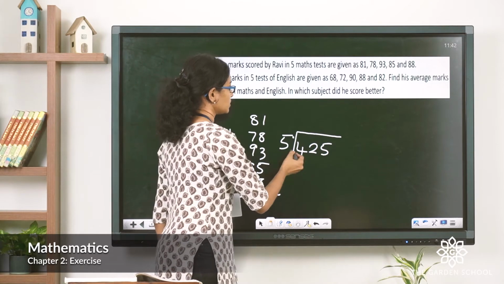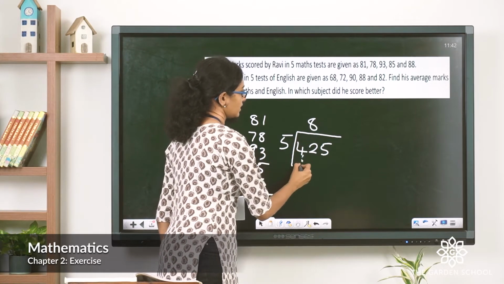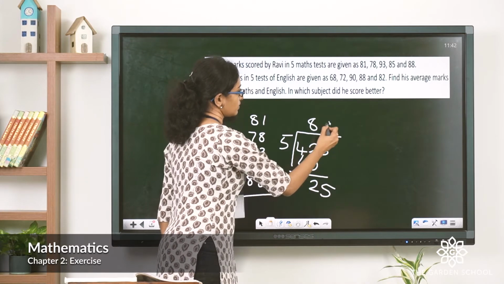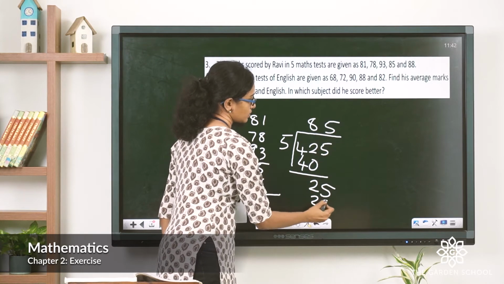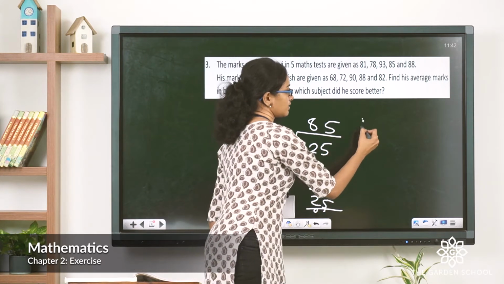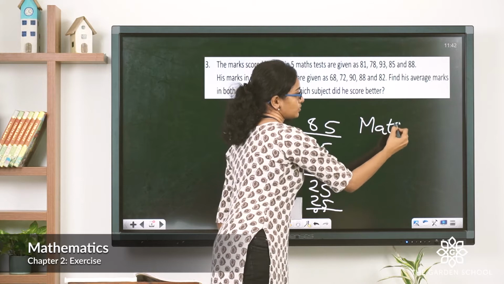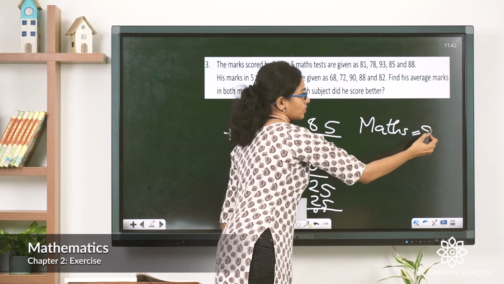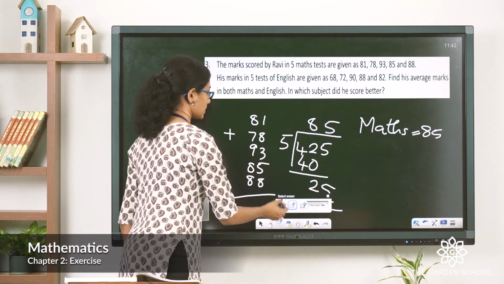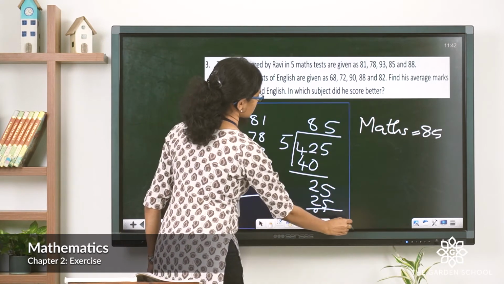Let's do the division. So 8 5s are 40. Now bringing 5 down, 5 5s are 25. So the average in maths is equal to 85.